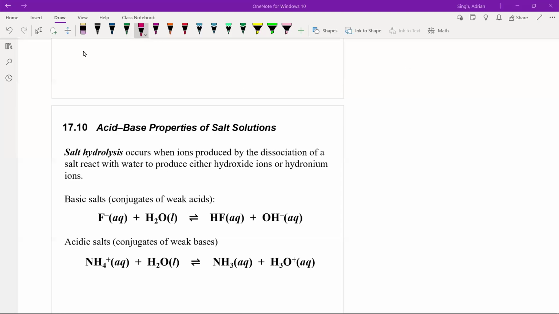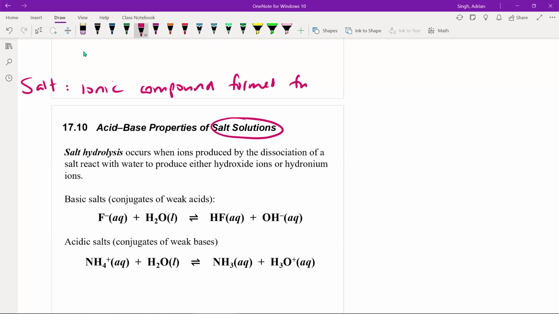All right, so now we're going to take a look at some of the properties, the acidic and basic properties of different salt solutions. As a reminder, salt is a general name that we give to an ionic compound that is formed from the reaction of an acid and a base.